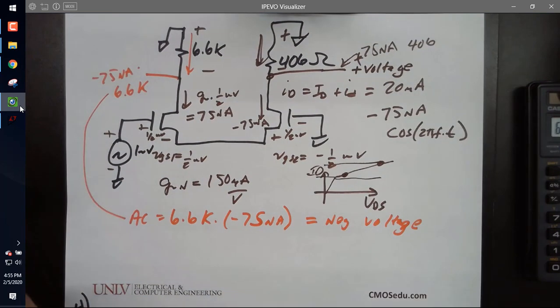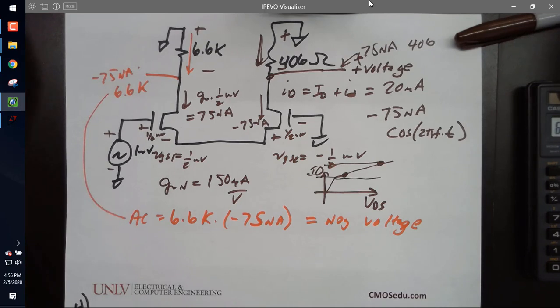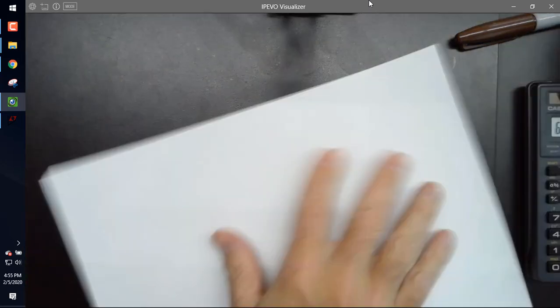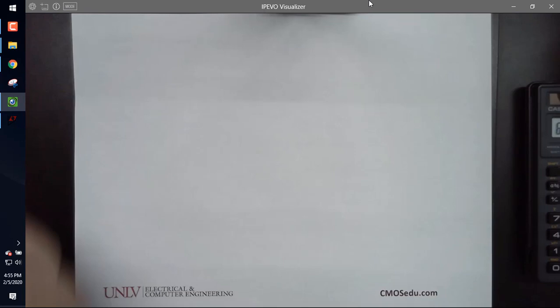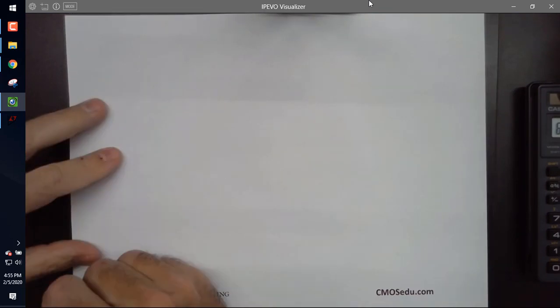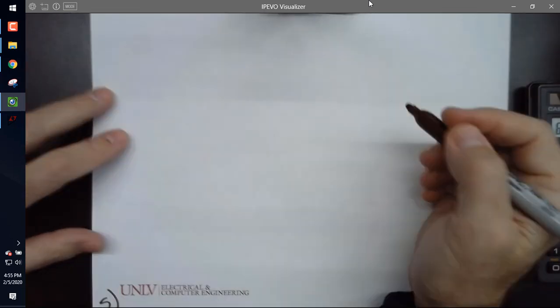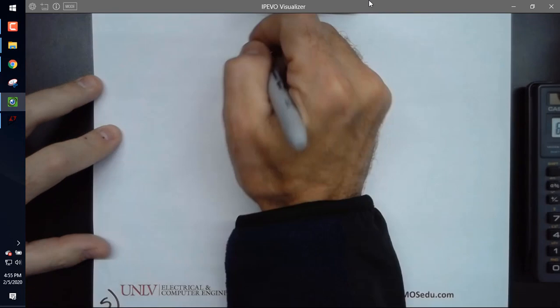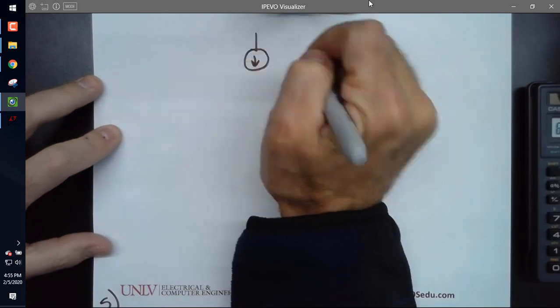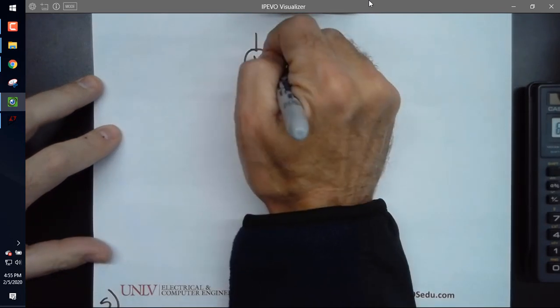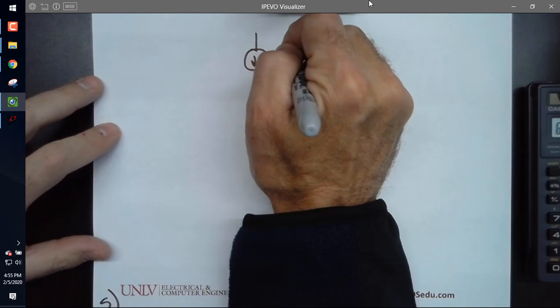Looking good? We ready to do the PMOS DC? Are there any questions on this? All right, let's do the PMOS DC. I'm going to do this generic, all right? So I have a current source here, which I'm going to call I bias.